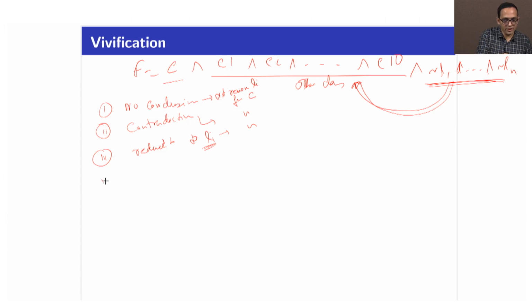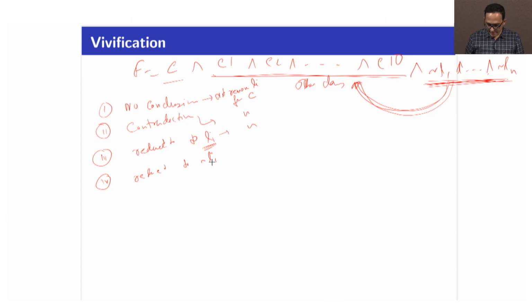In the fourth case, the clauses reduce to not of Li. That means I have taken the unit clauses, done unit clause propagation, and the rest of the clauses are reduced to not of Li. What does it mean? It means that to make the rest of the formula true, Li must be false.